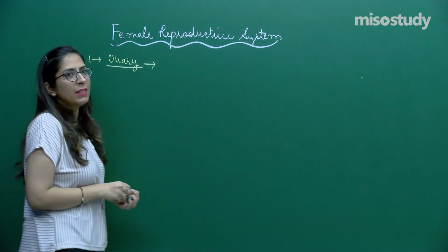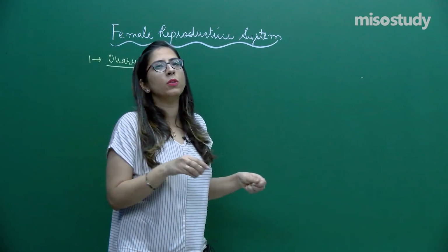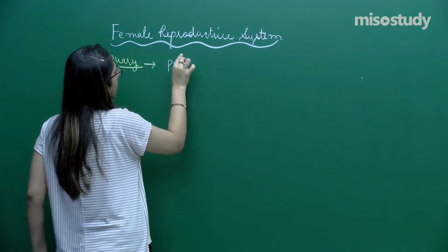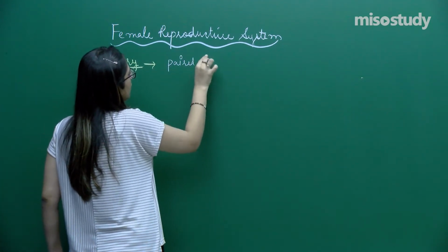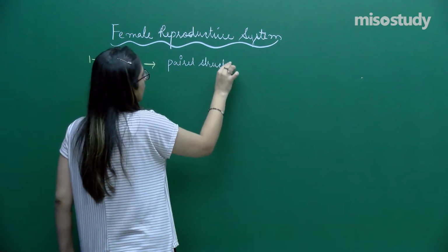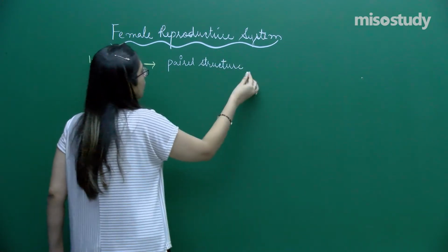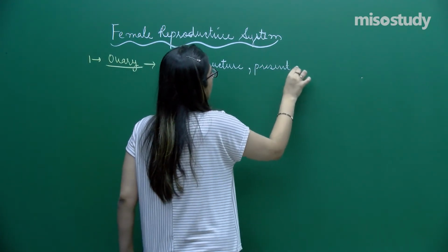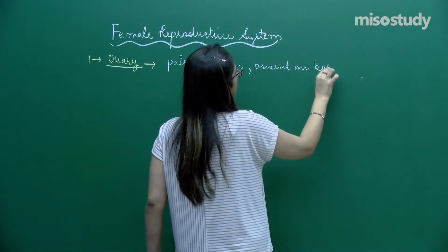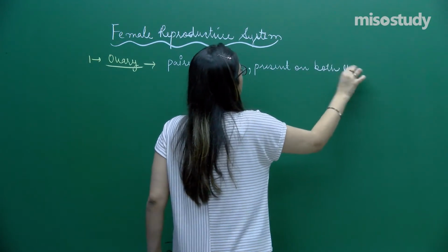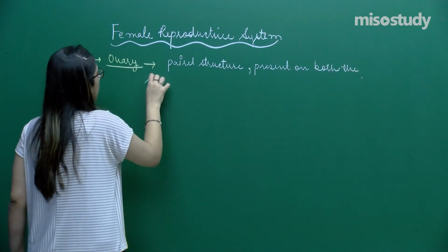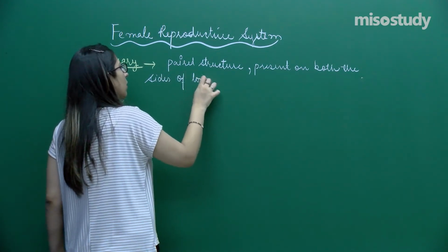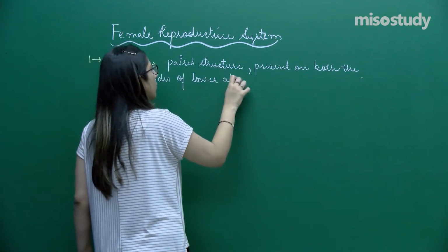Ovary is a paired structure which is present on both sides of the lower abdomen.